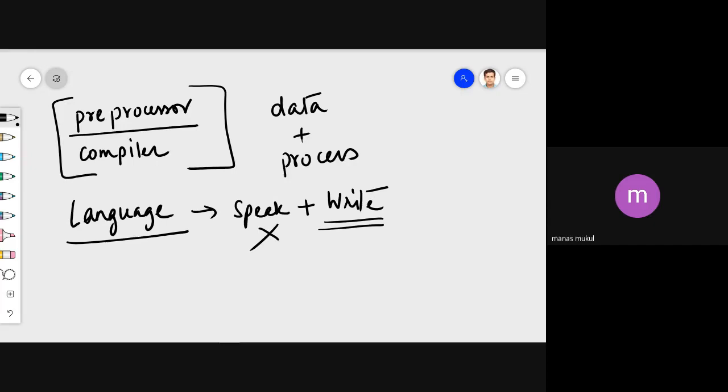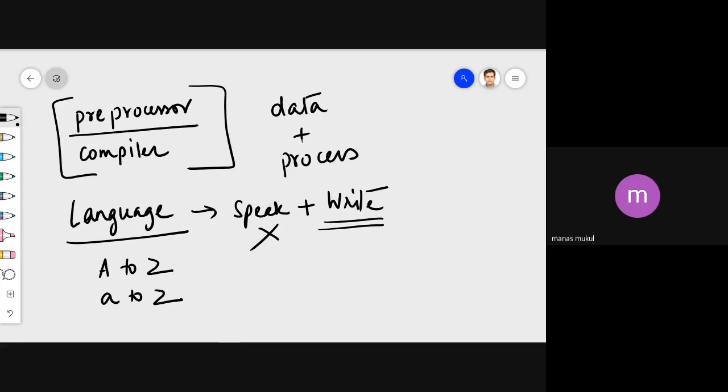Okay. So when you write anything in a specific language, let's say English, you need to use certain symbols, certain characters, certain letters. If you have to write in English, you use A to Z capital, then A to Z small. There are different characters, and you call these letters.